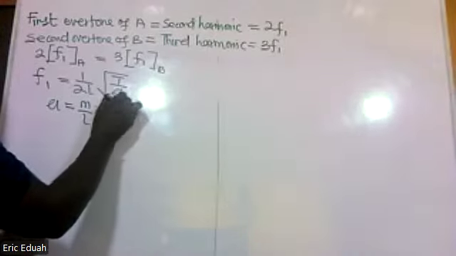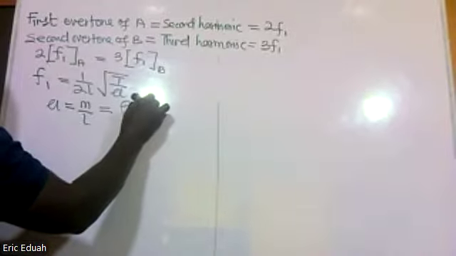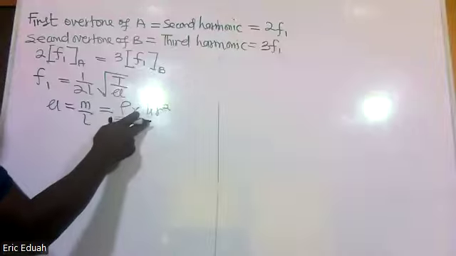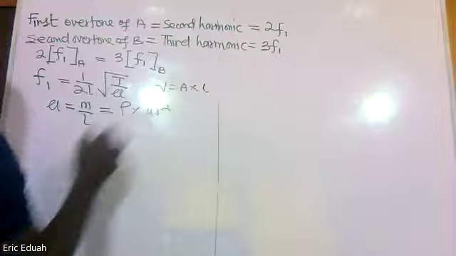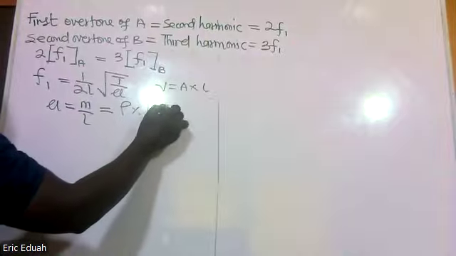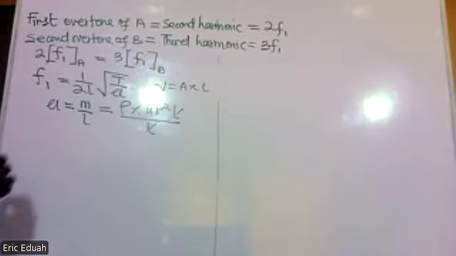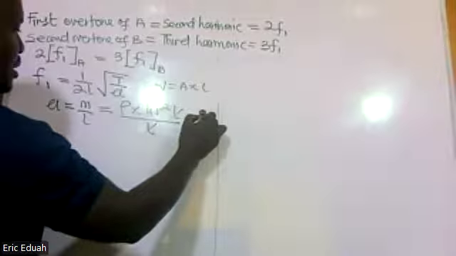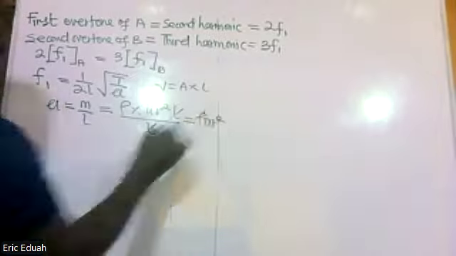So density times volume, where volume is area times the length, pi r squared L, divided by L, so that the length will cancel. Eventually we have the linear density to be density times pi r squared.